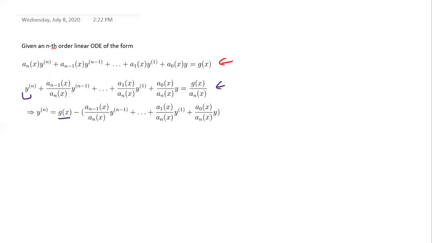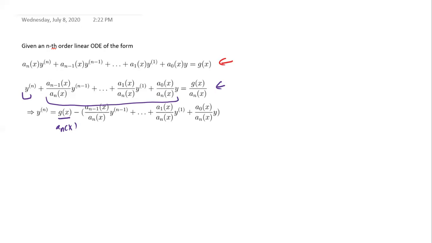It should be divided by a sub n. So what am I left with? Well, the nth order derivative of y equals g of x divided by a sub n, minus this whole other thing that we subtracted from both sides in the previous step. Again, all I'm doing is trying to get the nth order derivative by itself. It's just basic algebra.